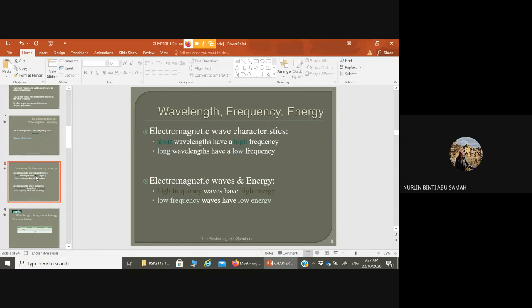Because as you know, I believe that most of you already did the hands-on for the UV spectrophotometer during your first year. What you get as the output is what we call a spectrum. The y-axis is the absorbance, and the x-axis is the wavelength.